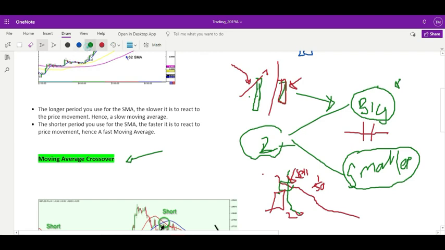But if this smaller moving average, the 20, is moving up and crosses here, it shows that the green candlesticks are now becoming bigger, so you need to buy.